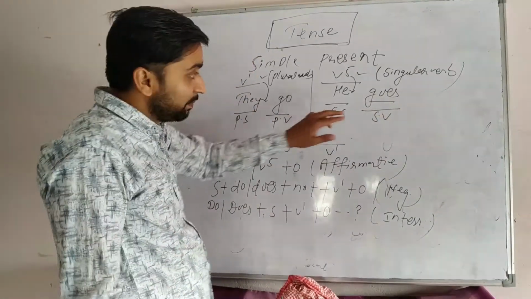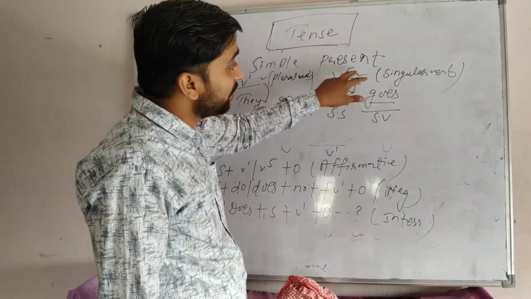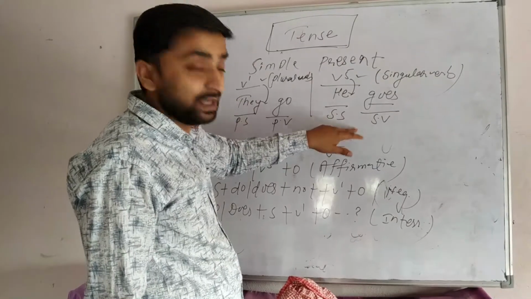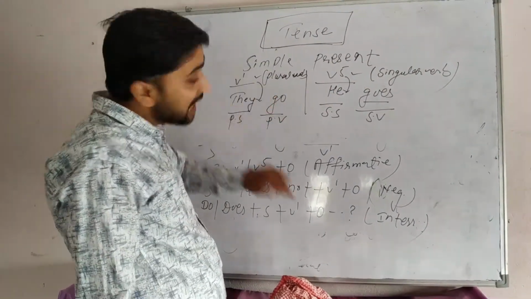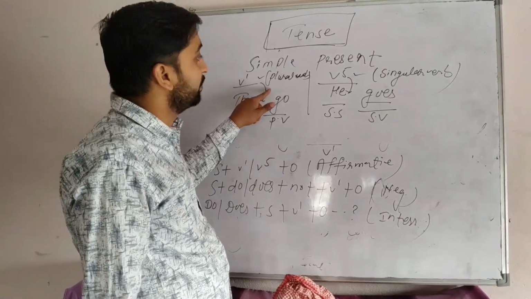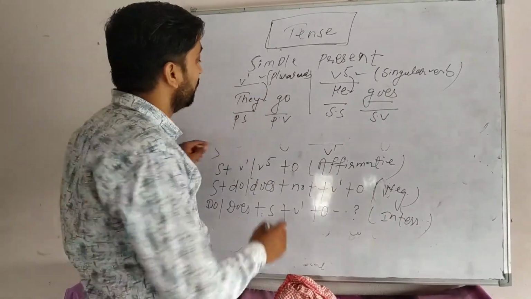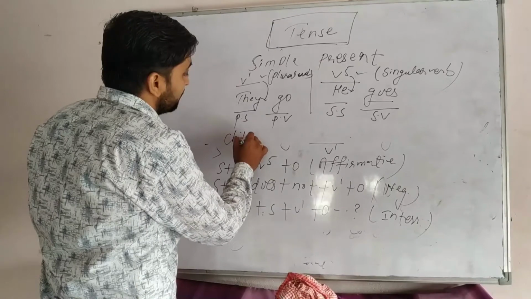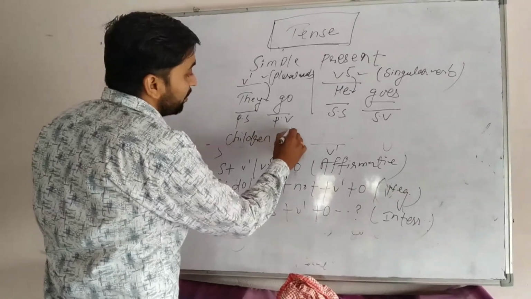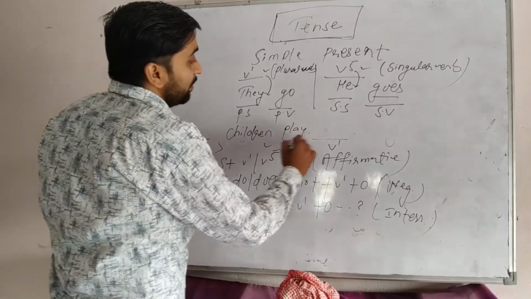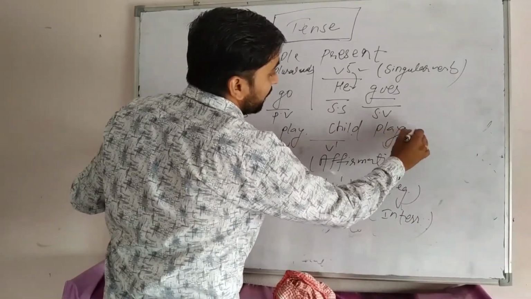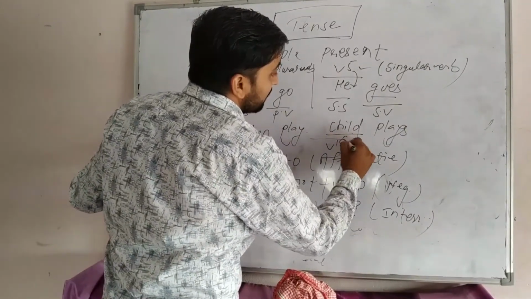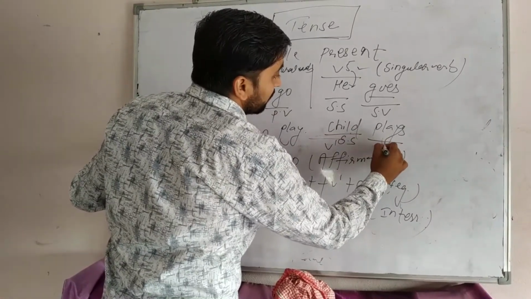So the verb which has s or es, I mean B5, that is a singular verb. Similarly, a verb without s or es is plural, like they go. See another example, children. The children play or plays? Play is right. But if there is child, then plays. Child is a singular subject, singular verb.